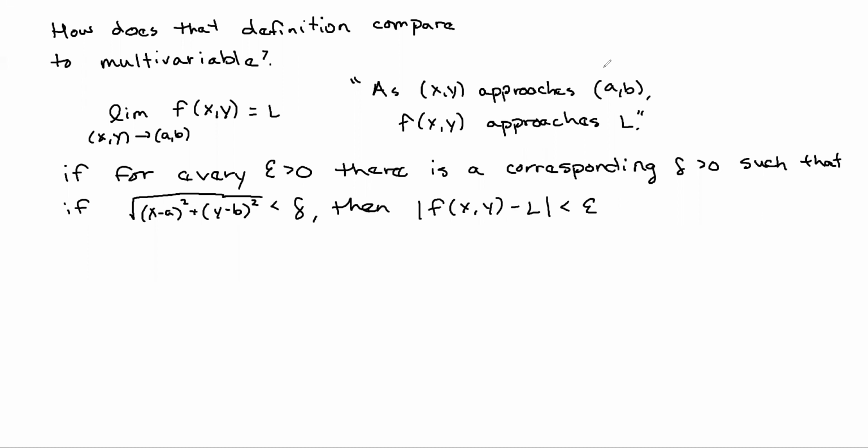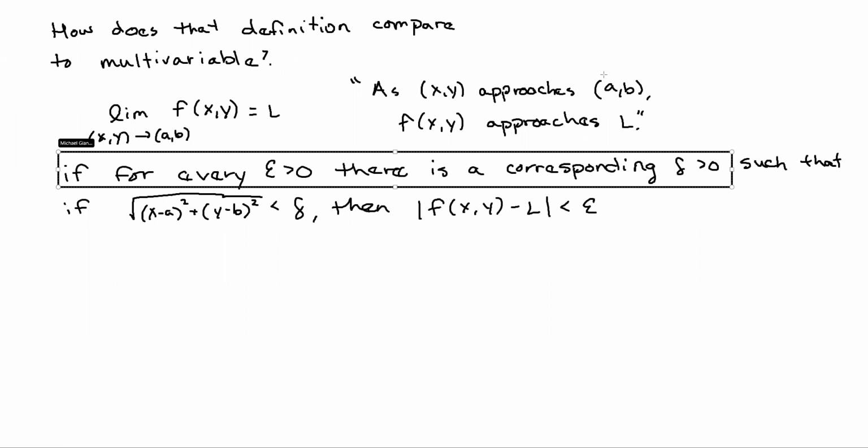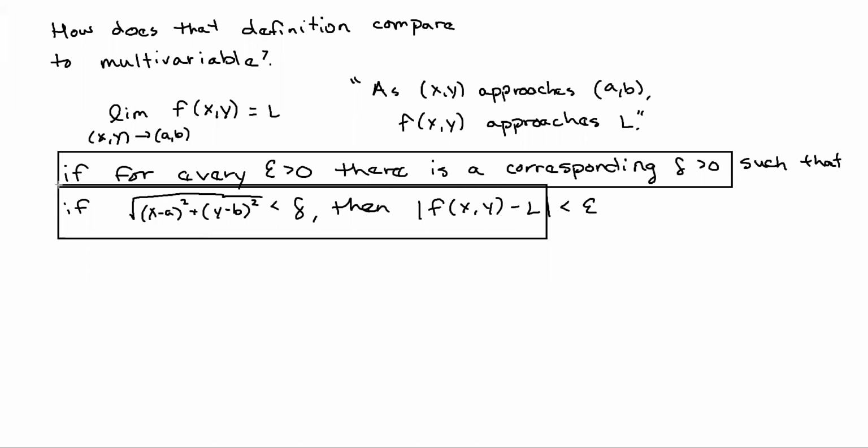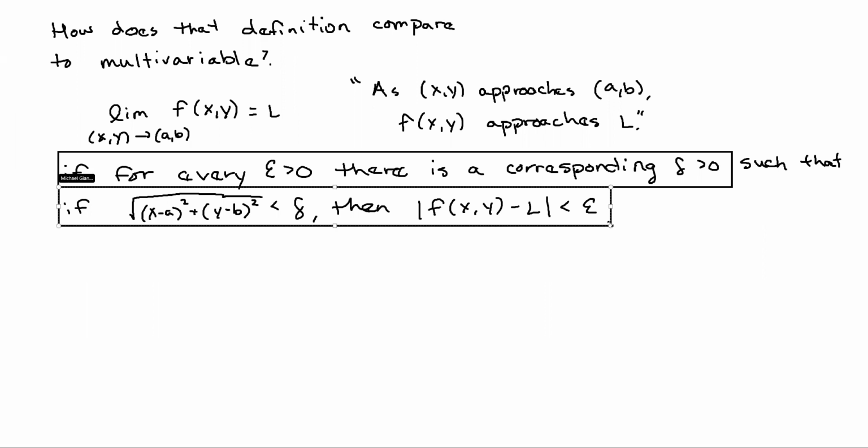So there's our two definitions. Let's see if I can successfully box them. Did I write straighter this time? A little bit. All right, so there's our two definitions, our two pieces.